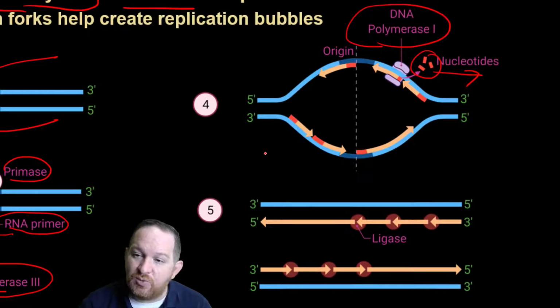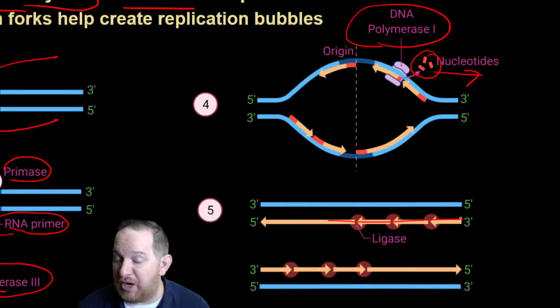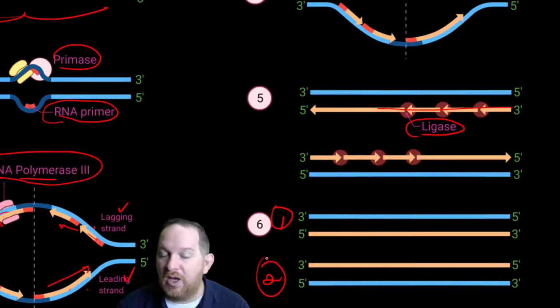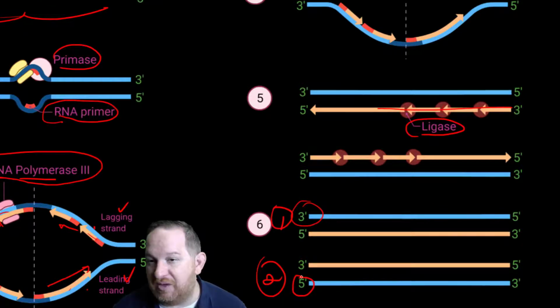Then, because we get some fragments in the DNA, we need to glue those little fragments together so that our DNA is a nice, seamless strand. There's an enzyme called ligase that helps that occur. And then, in the end, we've got 2 complete new strands of DNA that each have one of the original parent strands in them.